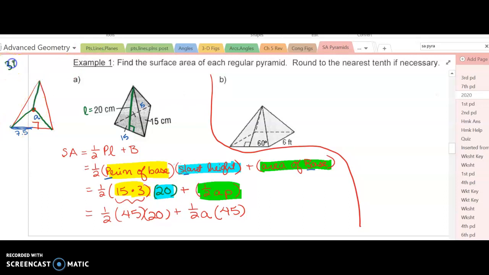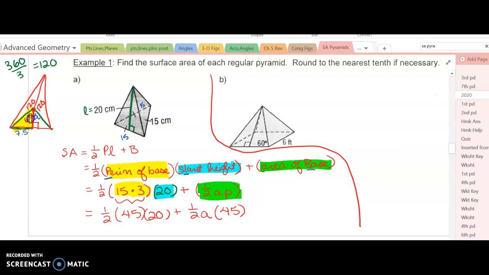We do 360 degrees for all 3 central angles divided by 3, so each one will be 120 degrees. When we draw in that apothem, that makes this 60. So we do have a 30, 60, 90 triangle here.